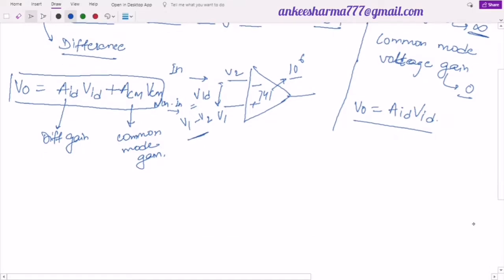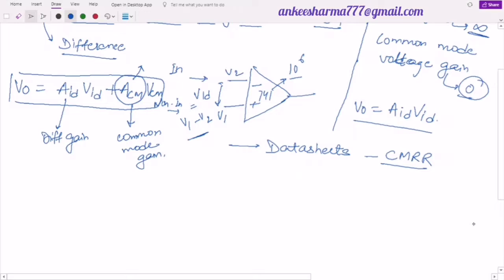Because in the data sheets we are given only the value of CMRR. What is this CMRR? I will tell you. Although what we want is the value of this ACM, because this is important. AID is the normal gain, with which the difference of the two input voltages will be amplified. But this common mode gain I want in the ideal circuit to be equal to 0, but in the practical it is not 0.